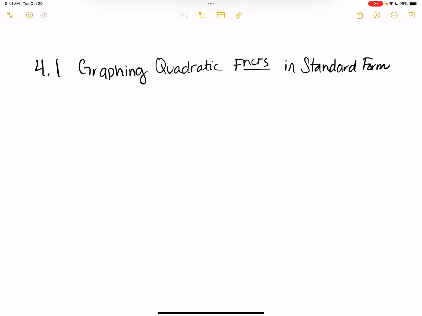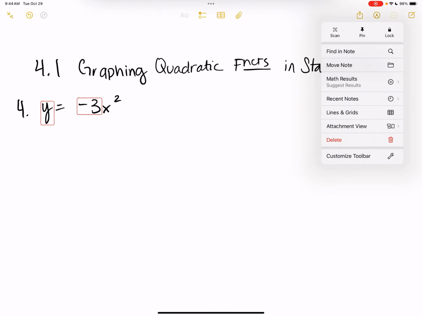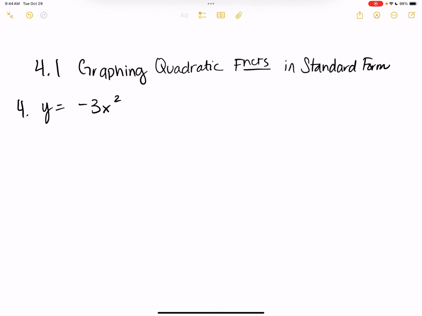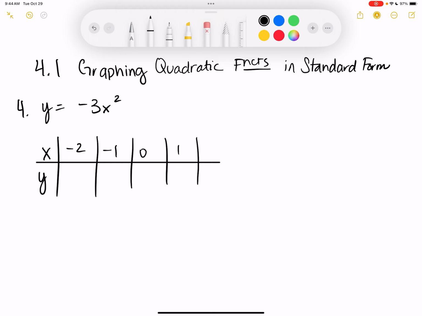So number 4, we have the function y equals negative 3x squared. And the table they give us has x values negative 2, negative 1, 0, 1, and 2. And we have to fill in the y values.